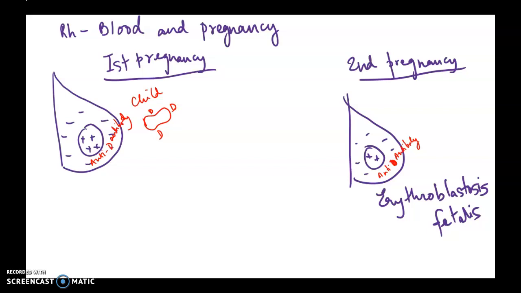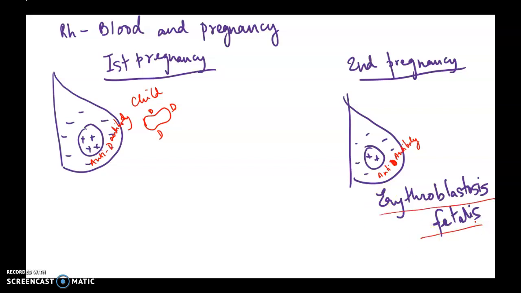So again, I repeat, the anti-D antibody from the mother's blood can cross the placenta and go to the fetal blood, and these antibodies can destroy the RBC of the fetus, a condition called erythroblastosis fetalis.